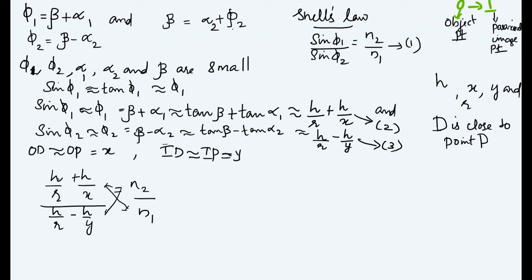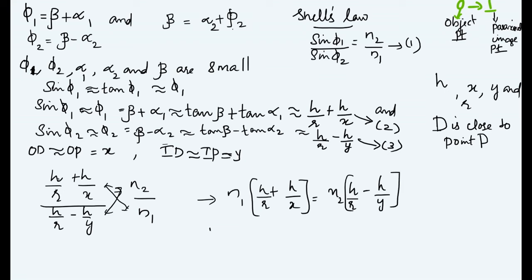Then on cross multiplying gives n1 times h by r plus h by x equals n2 times h by r minus h by y.